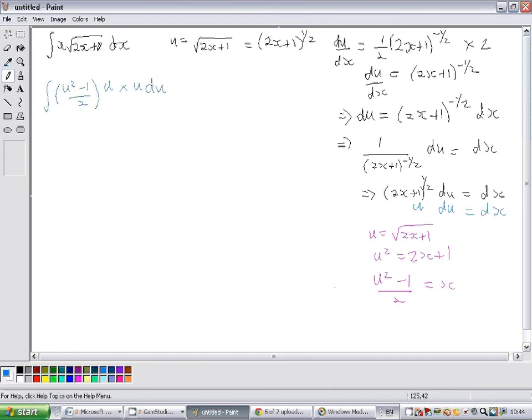in terms of u. If I take that half out at the front, we actually end up with (u squared minus 1) in the brackets, and then we have two u's multiplied together here, u squared. So multiply it out first, that'd be u to the 4 minus u squared.